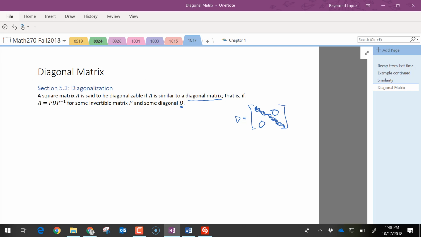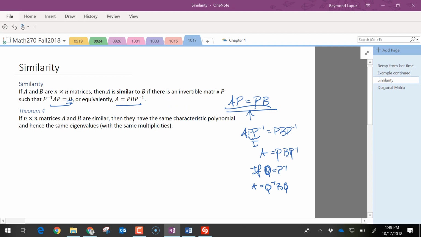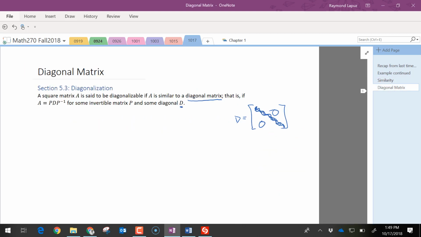And so if you take a look at that last theorem over here, it says they have the same eigenvalues. If you have two matrices that are similar to each other, they're going to have the same eigenvalues. Well, we know that for an upper triangular matrix the eigenvalues are just going to be the diagonal entries. And here, it's not just an upper triangular, it's an actual diagonal.